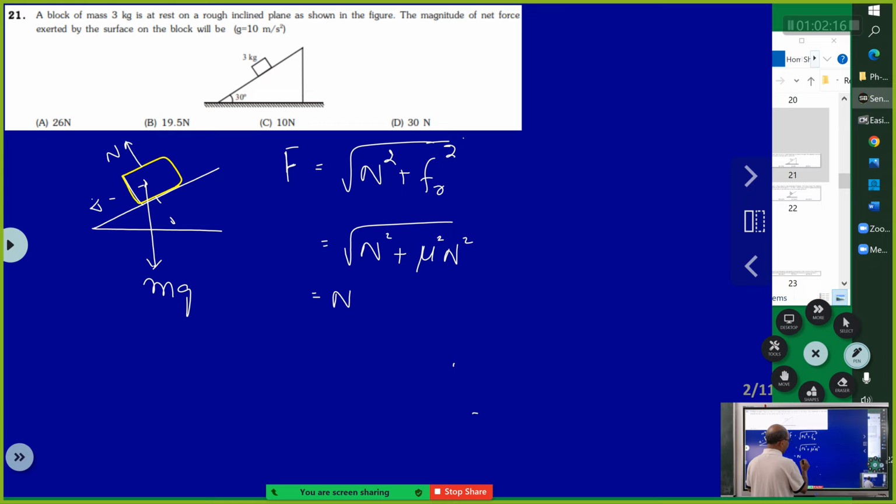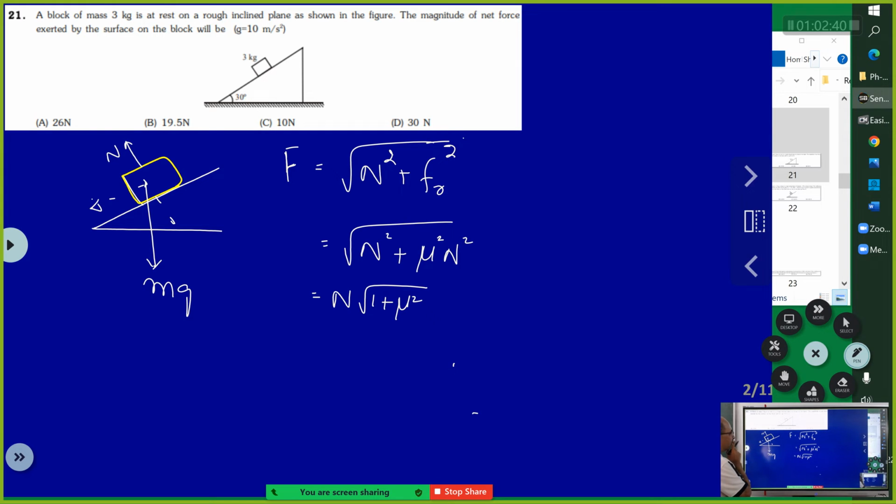So this will be N into root of 1 plus mu square. So this is the thing that they have given.